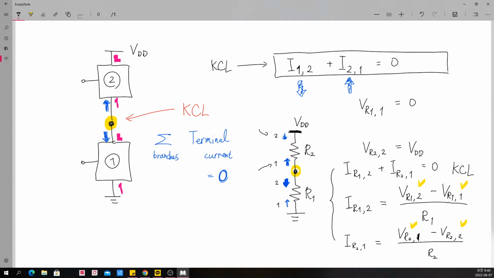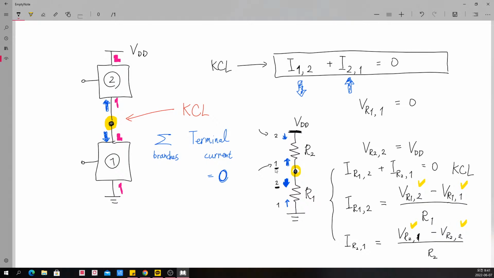Okay. Then of course we have to introduce another piece of information about what is the voltage for this first resistor and its second terminal, or the second resistor and its first terminal. We have no idea. So actually that is what we wanted to know.